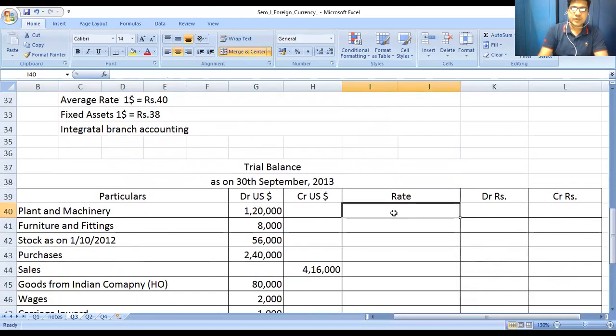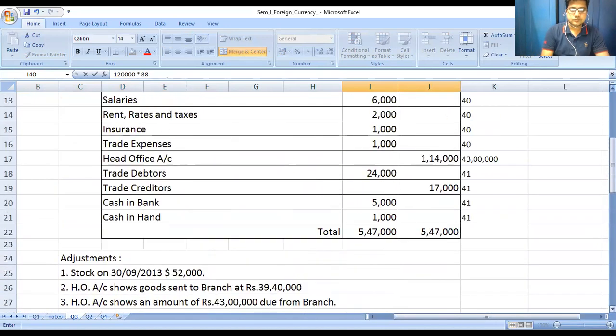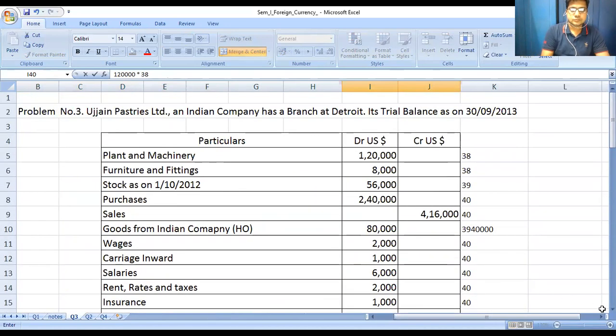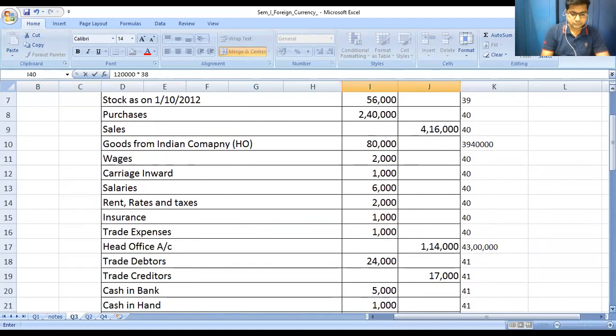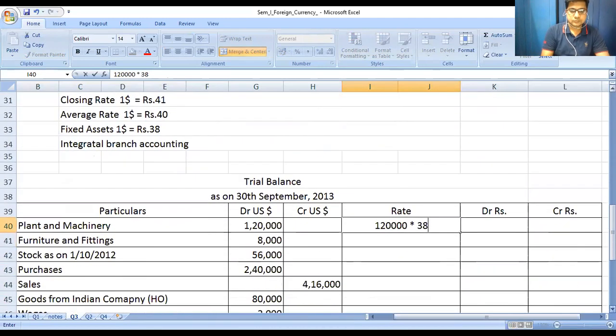Here we have to do 1,20,000 multiplied by 38. Use your calculator. The answer is 45 lakh 60,000.